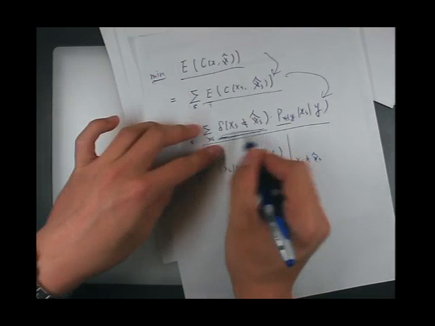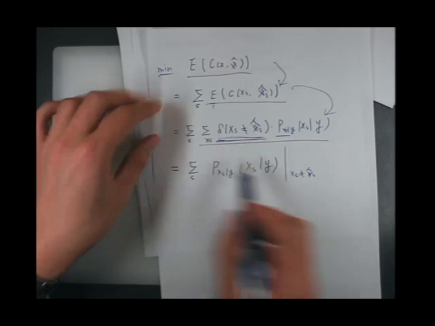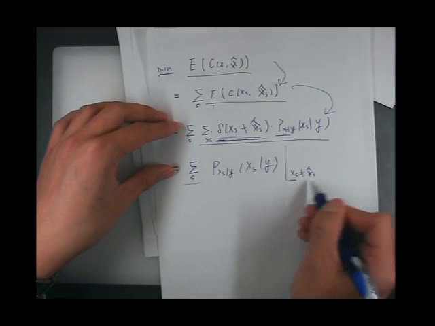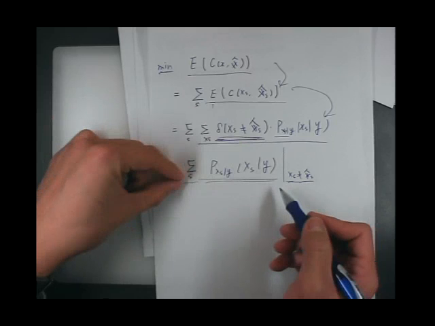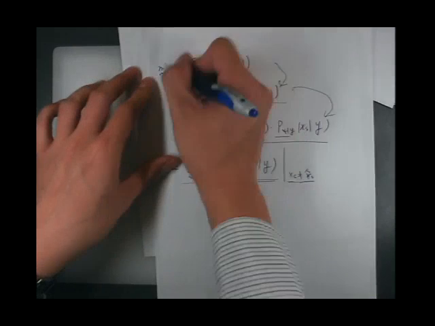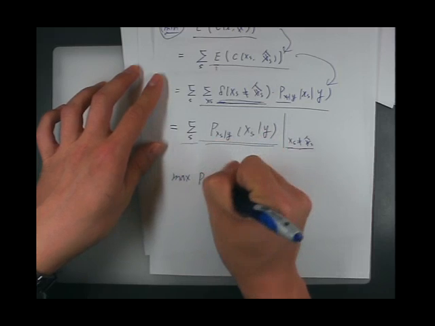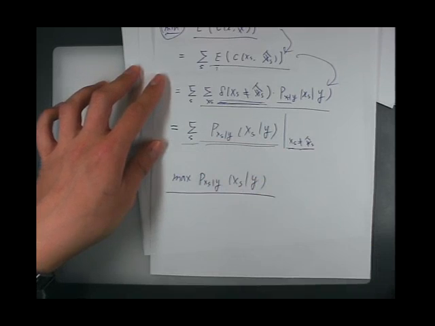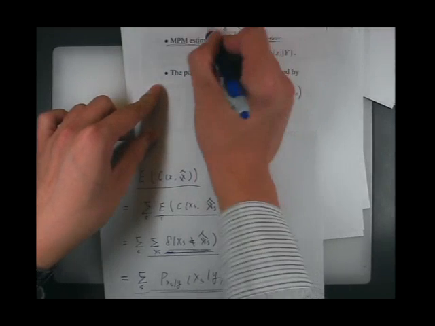Because whenever they are not equal, the value of this term is 1, this term equals this term here. So when x does not equal x hat, this is the probability of the posterior marginal. And minimizing this term is equivalent to maximizing this marginal here. This is how we get the MPM estimator from this cost function.